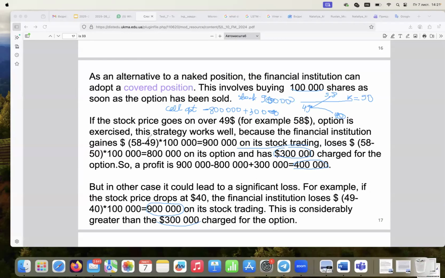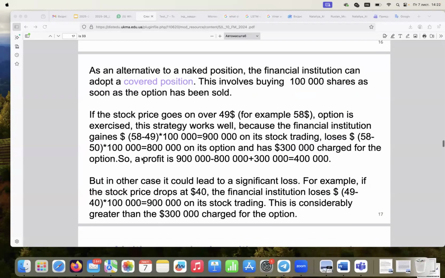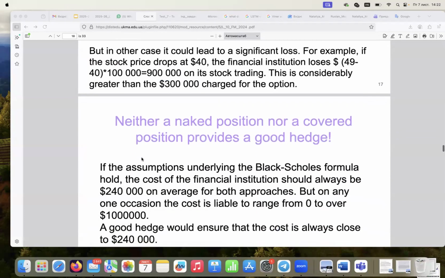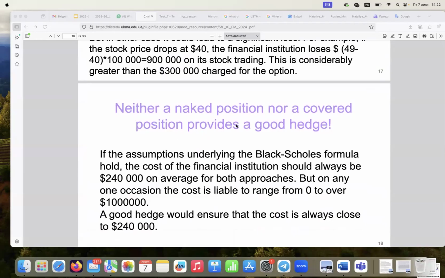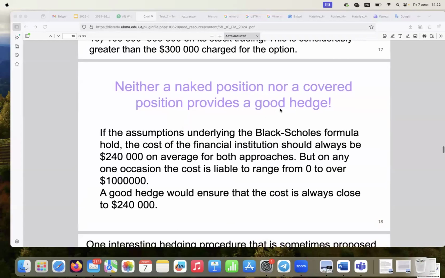So you see that even if we apply a covered position, which is called a hedge, in one scenario we win, but in the other we lose. So it is not very good. As a summary, we can assume that it is not a good option for us. Not a good hedge.